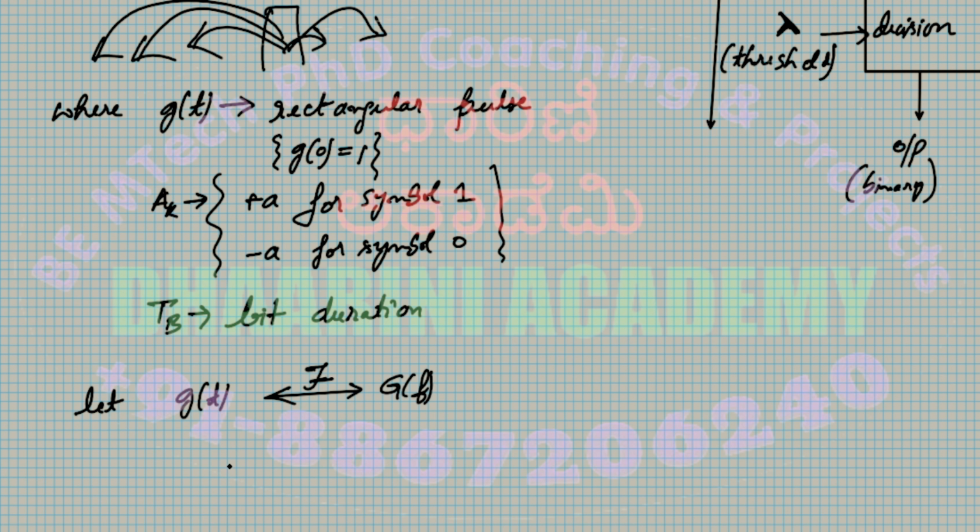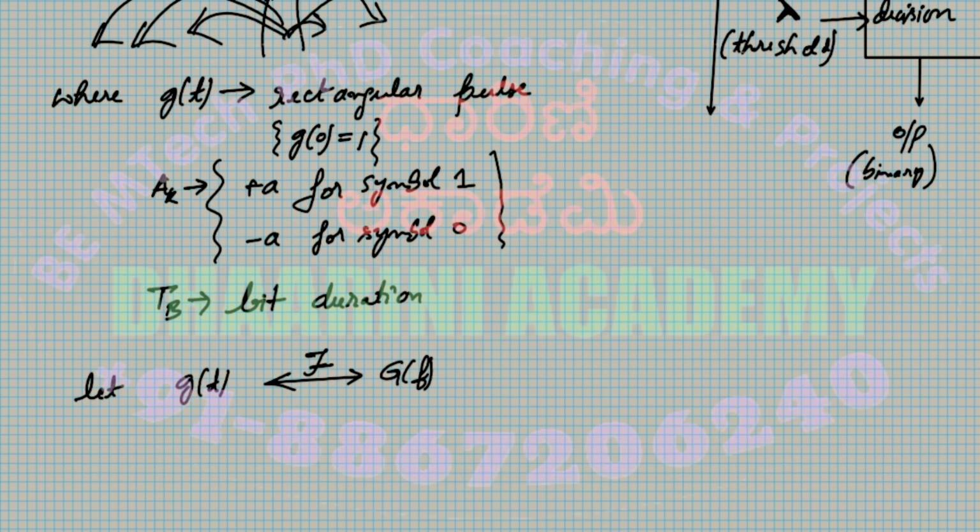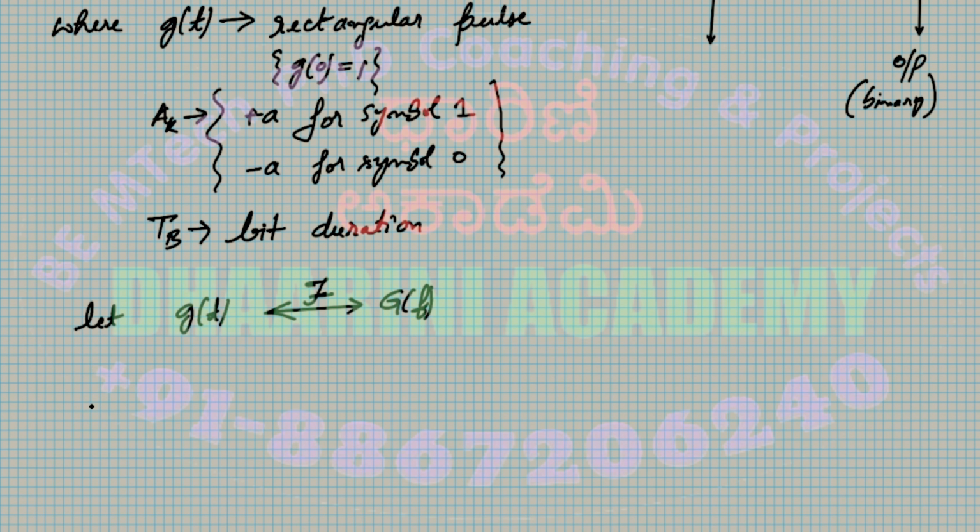Okay, but I don't have g of t as it is in my equation number 1. Instead of that, I have g of t minus t naught. So what should be its Fourier representation? There is some property. If you are able to recall the property, please let me know. If g of t has Fourier representation G of f, what is the Fourier representation of g of t minus t naught?